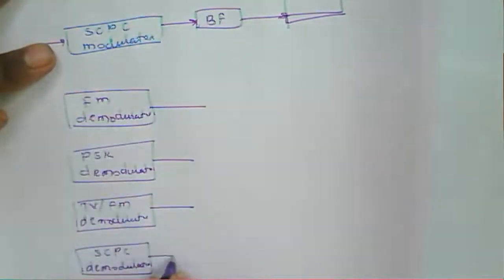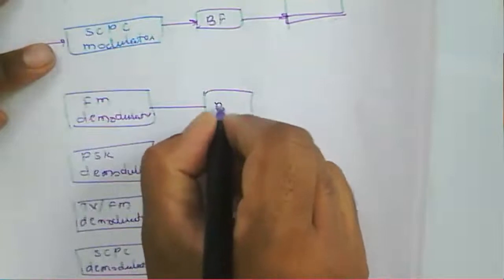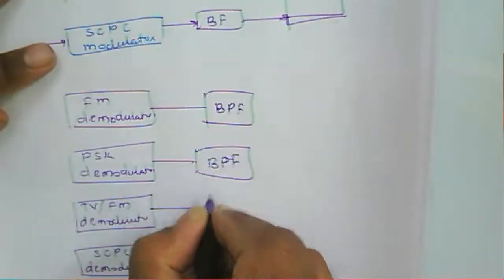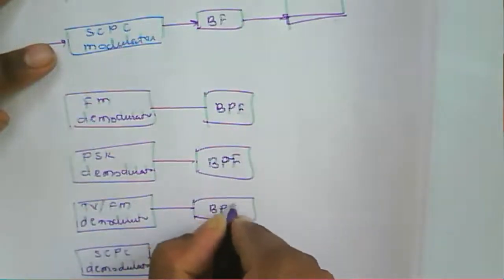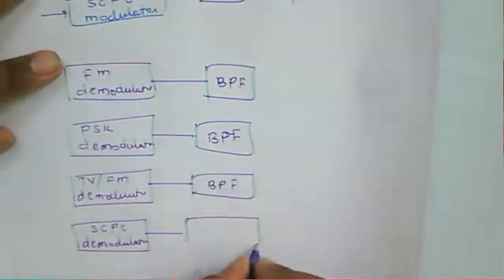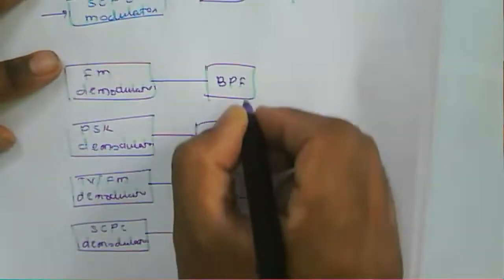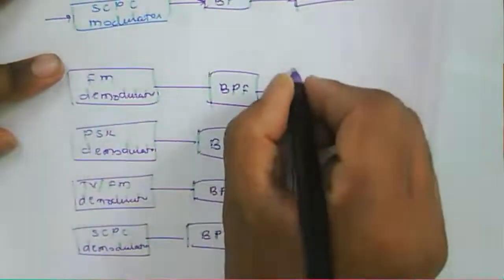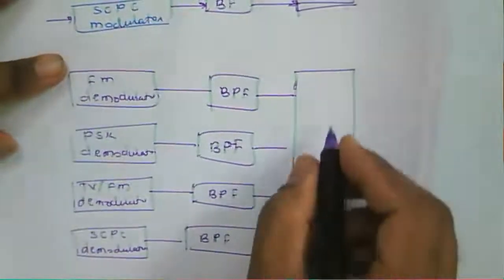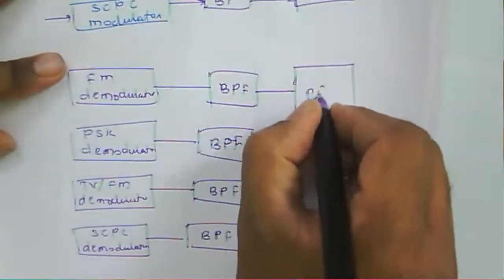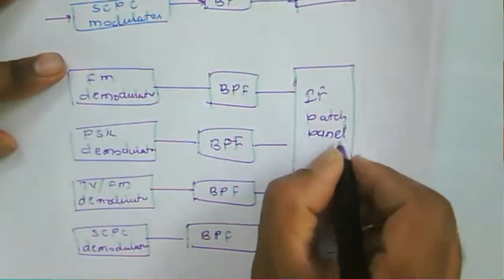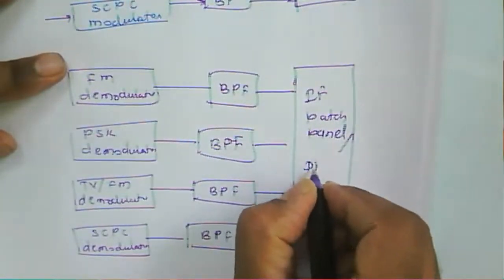Then we have a separate band pass filter, and then all these IF signals go to the IF patch panel, which acts as a divider.